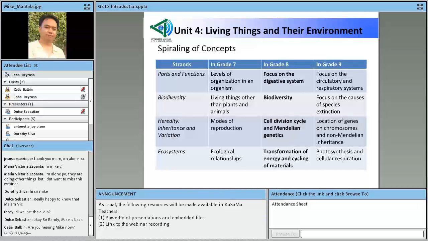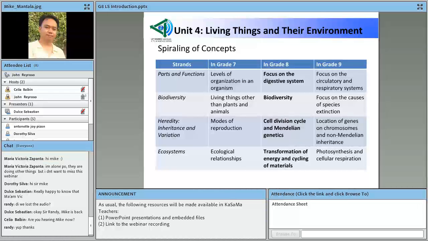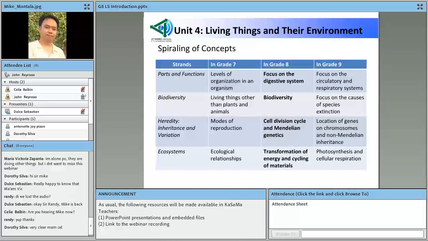So you have here ecological relationships, to transformation of energy and cycling of materials, which will be the topic for grade 8, down to photosynthesis and cellular respiration in grade 9. So that's moving from concrete to abstract.